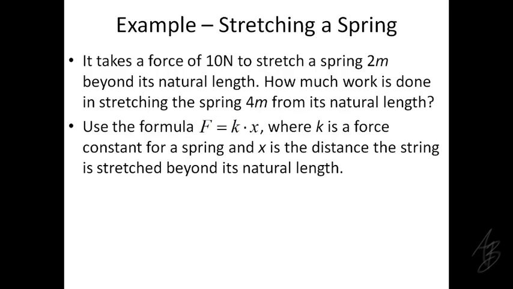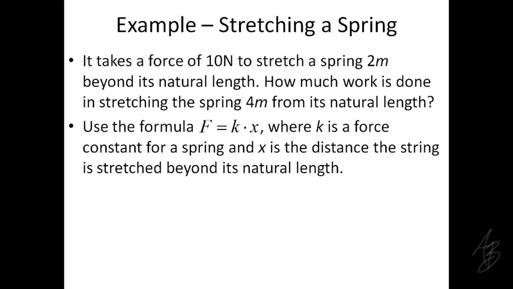Let's take a look at an example of where we would have a variable force. A good example of that is stretching out a spring. It takes very little force to start stretching a spring, but as it gets stretched out more and more, the more force it's going to take to stretch it. In fact, we have something called Hooke's law that looks like this: force equals k times x, where k is a force constant for any particular spring, and x is the distance the spring is stretched beyond its natural length.